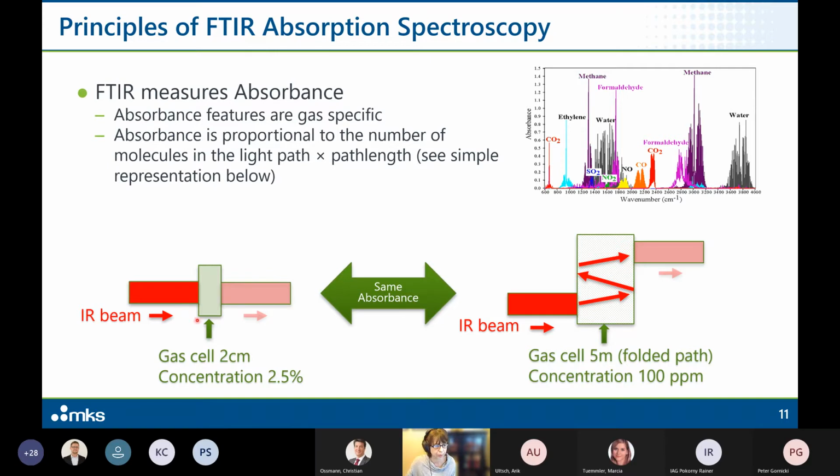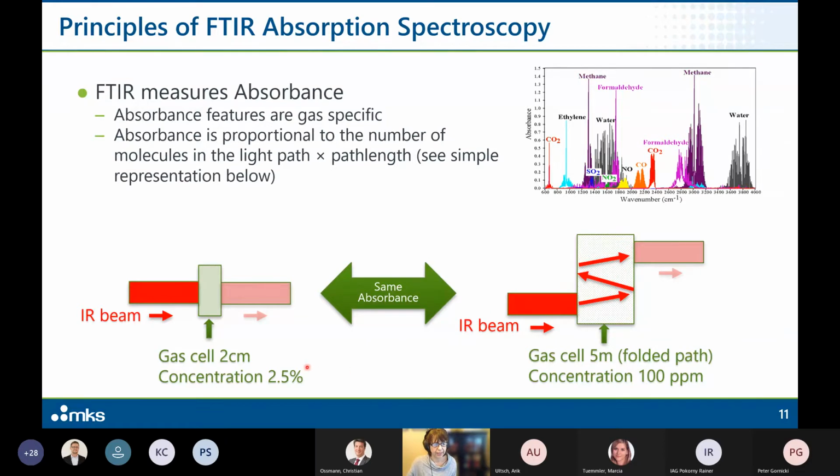That same absorbance can be achieved, with the same level of IR beam coming out, with a much smaller gas cell but a higher concentration. What's important is the product of gas cell path length times concentration. So you get the same absorbance with this configuration versus this one.